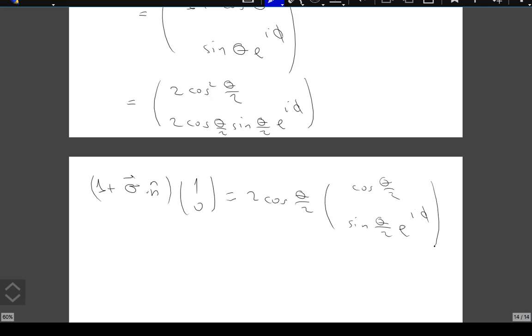This is normalized to 1. That is one way of obtaining my eigenket.